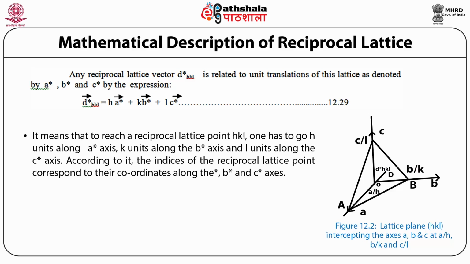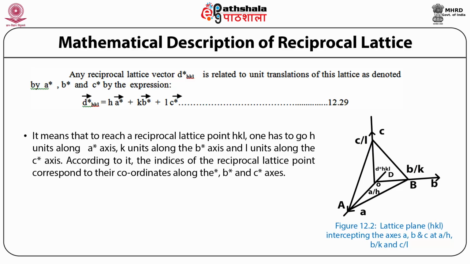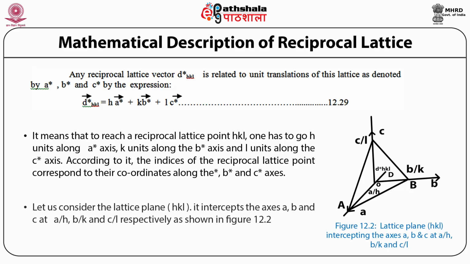It means that to reach a reciprocal lattice point hkl, one has to go h units along a* axis, k units along the b* axis, and l units along the c* axis. According to it, the indices of the reciprocal lattice point correspond to their coordinates along the a*, b*, and c* axes. Let us consider the lattice plane hkl.